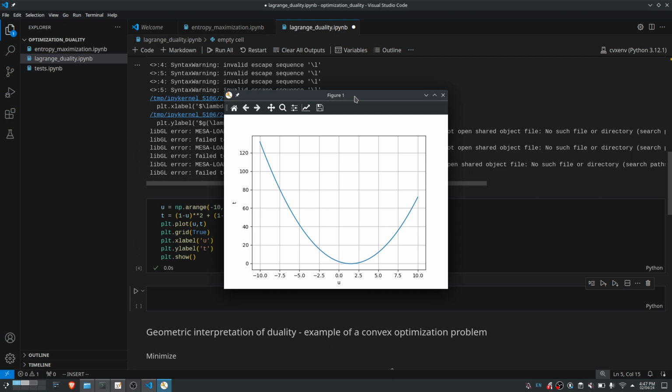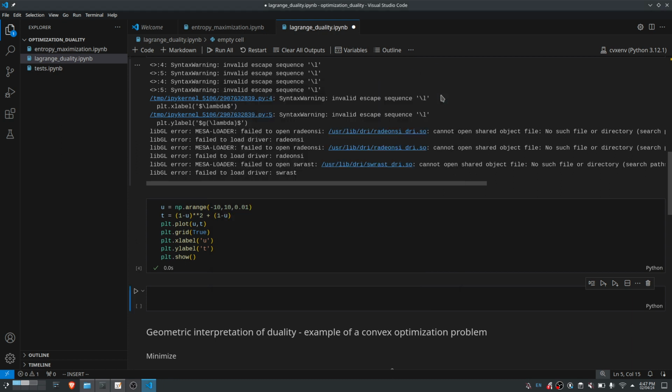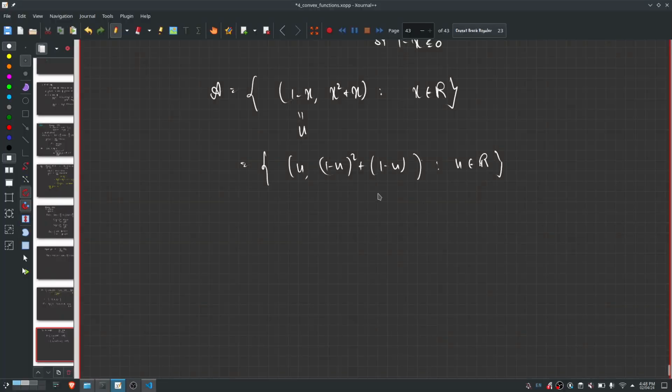Again, not particularly important right now, but this is some set, and this is something that I got from the primal optimization problem.